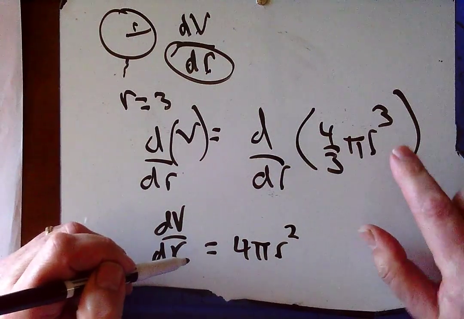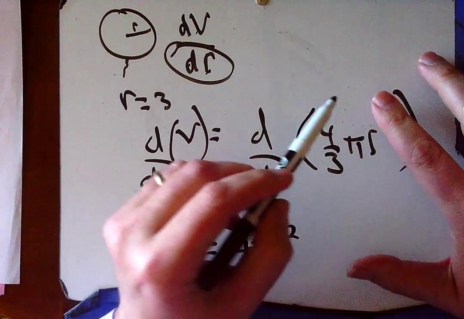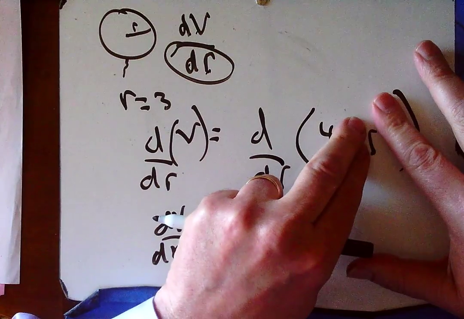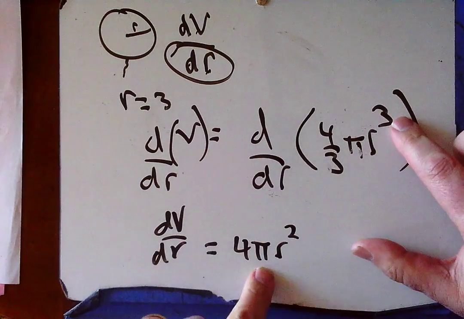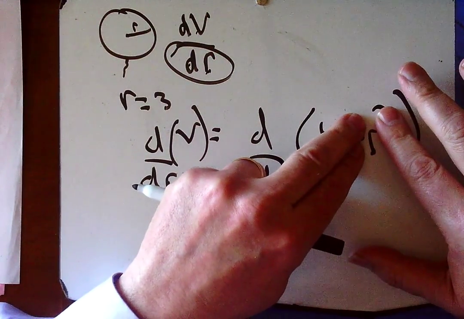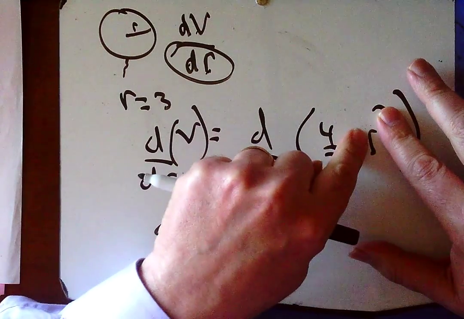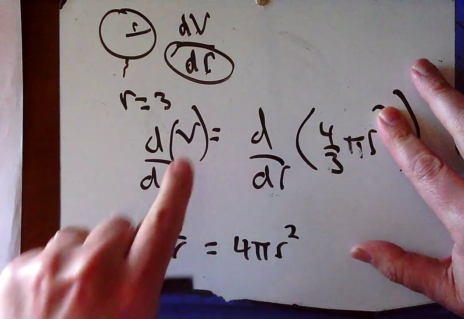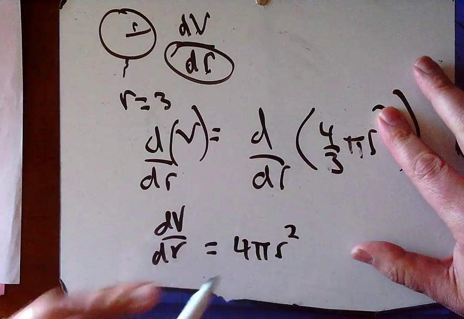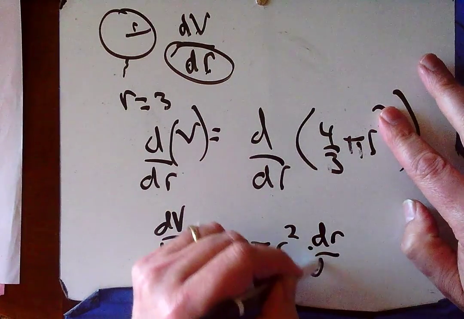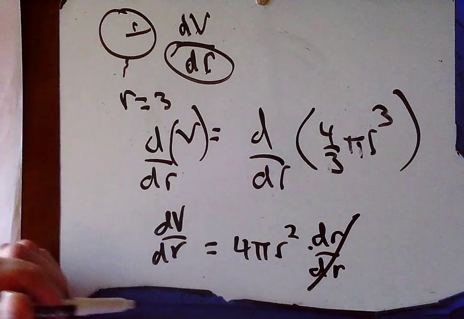Now, you could always think about this as chain rule and say, okay, I took the derivative of the outside, and I left the inside alone, but now I have to come back and take the derivative of the inside with respect to radius. And that's going to be dr/dr, or 1.